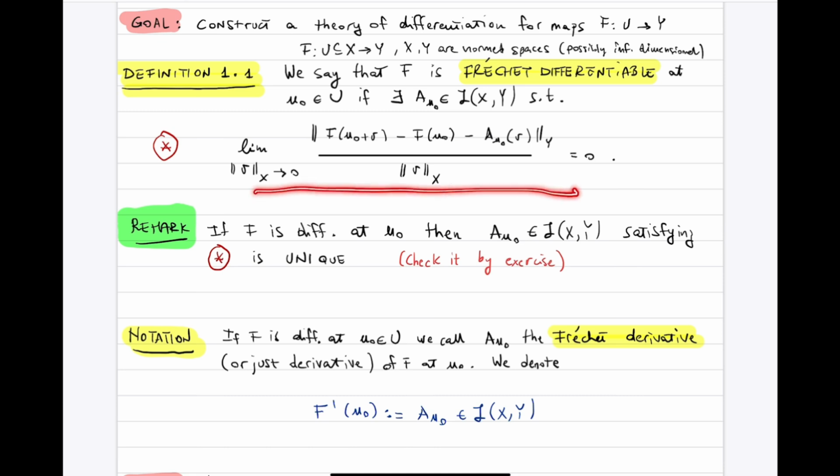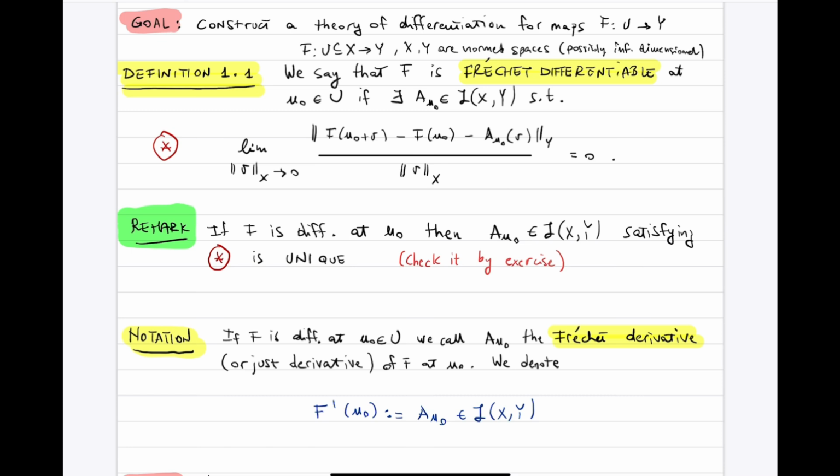So this is saying that close to the point u0, we perturb the point a little bit with some vector v in the space X, and close to the point u0 you can approximate your function, the value f of u0 plus v, by this linear functional evaluated at v.